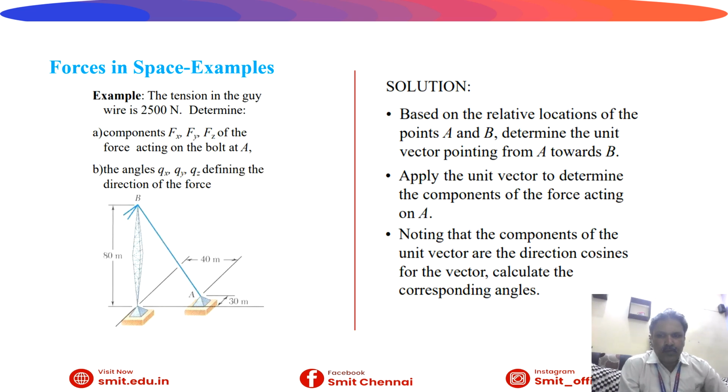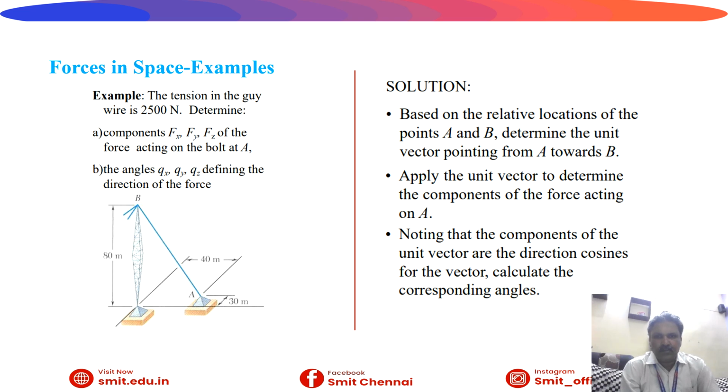Then one problem we are going to see in this. Tension in the wire is 2500 Newton. Determine the various components Fx, Fy and Fz of the force acting on the bolt at A, and the angles theta x, theta y, theta z defining the direction of force.